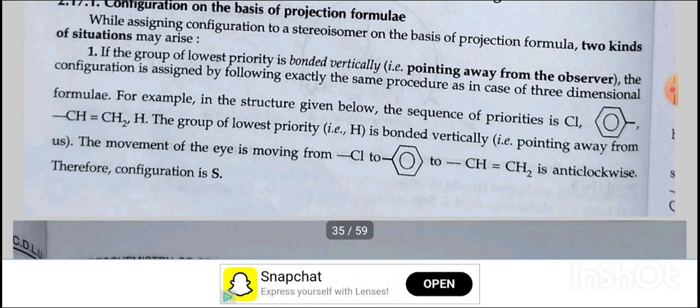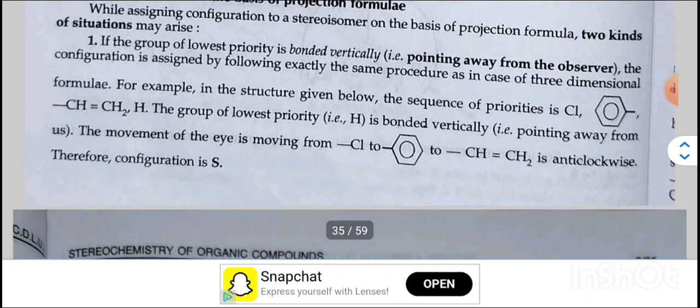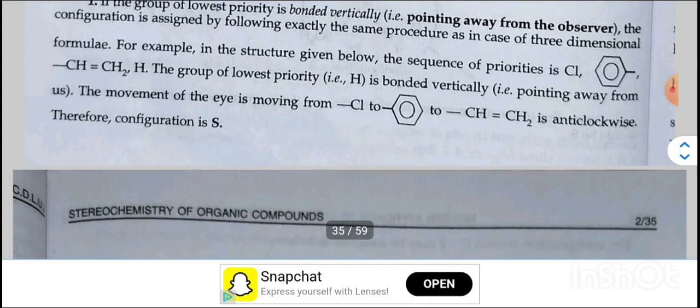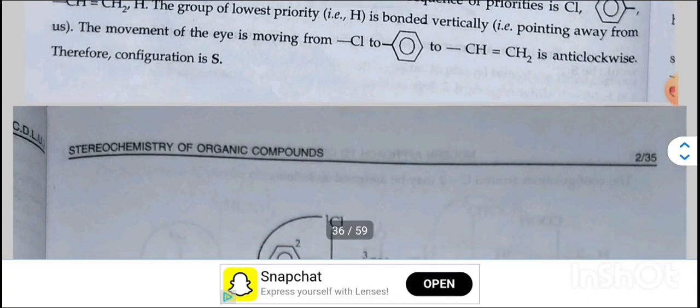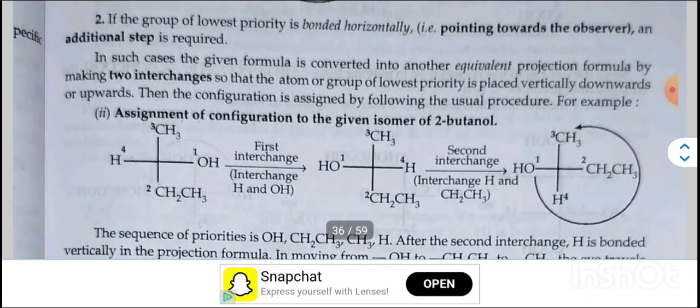For example, in the structure given below, in the sequence of priorities, chlorine is first, then the benzene group, and the group of lowest priority, that is hydrogen, is bonded vertically, pointed away from us. The movement is anticlockwise, therefore the configuration is S.